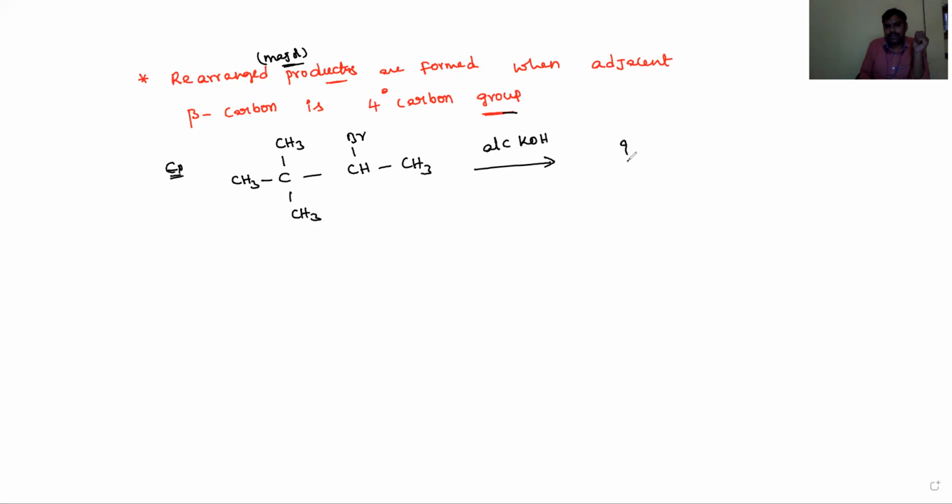Then what is the major product? That is what they are asking. In such cases, first the bromine breaks, it undergoes the E1 elimination mechanism, and forms a secondary carbocation intermediate.